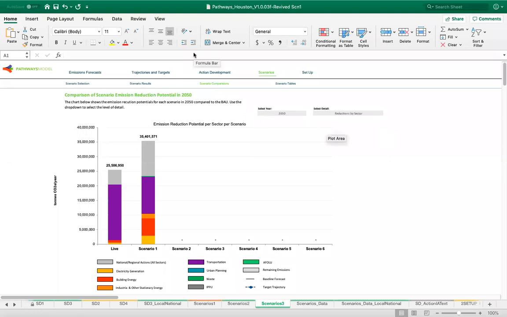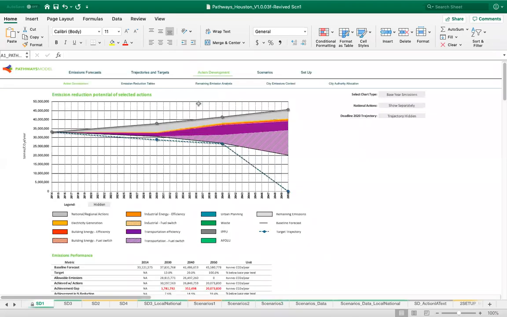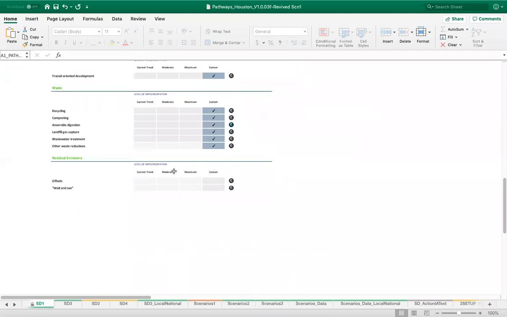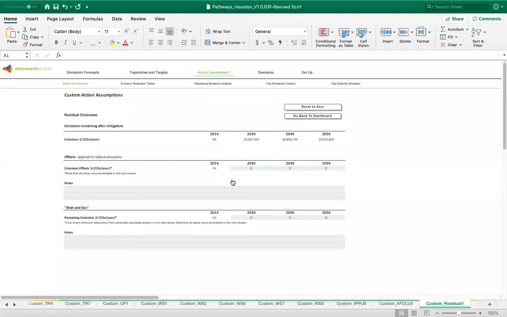How do you offset in models? The model doesn't have any calculations associated with offsetting. Under action development, if we scroll right down to the bottom, there is the ability to specify offsets, but it is simply a statement input by the user as to the number of tons that are offset in that year.